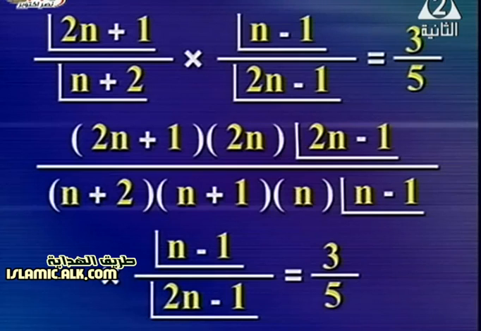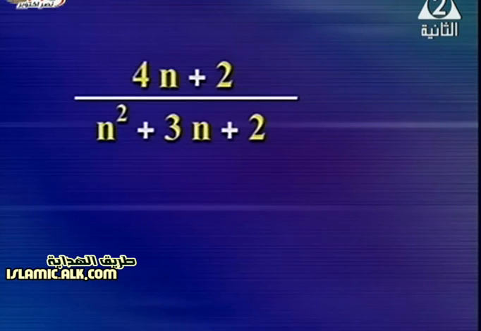Look at the left hand side, by using simplify, the answer is 4n plus 2 over n squared plus 3n plus 2 equals 3 over 5.